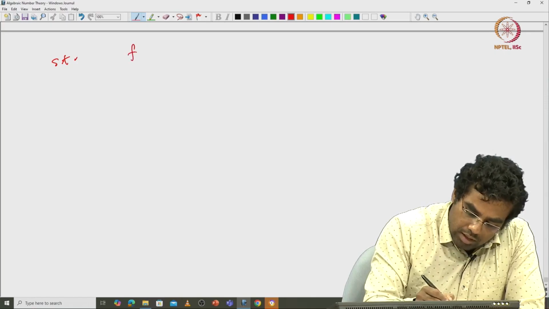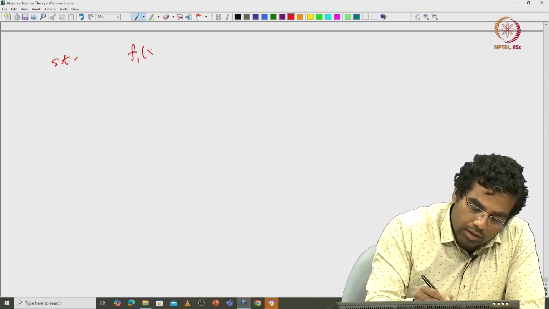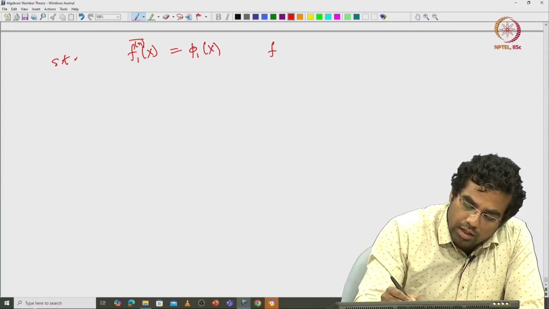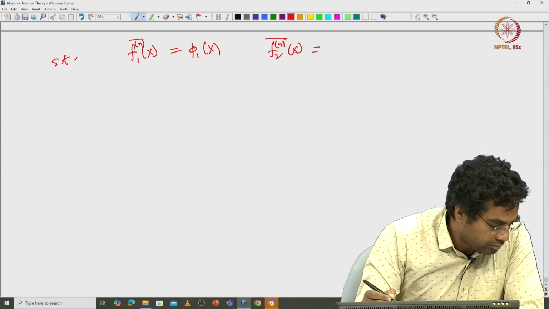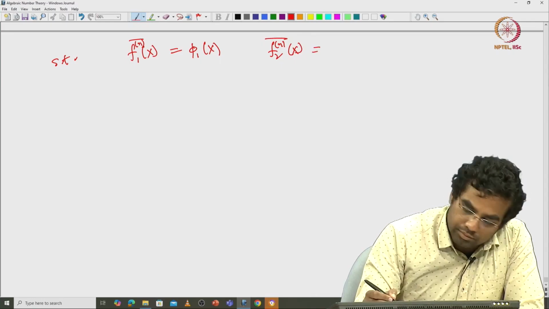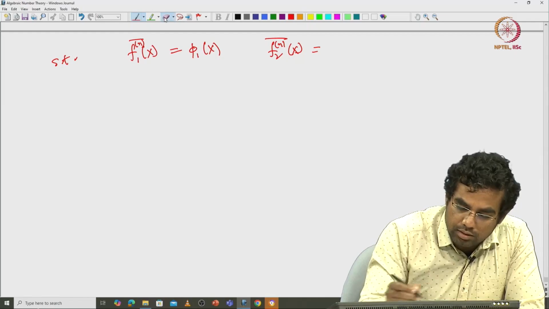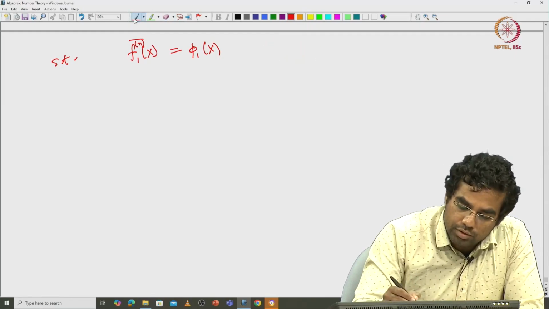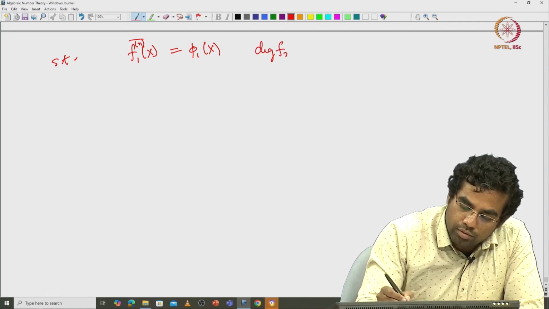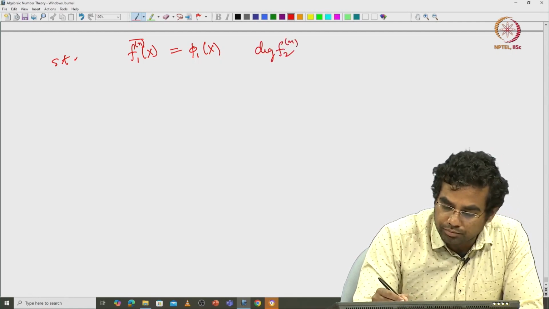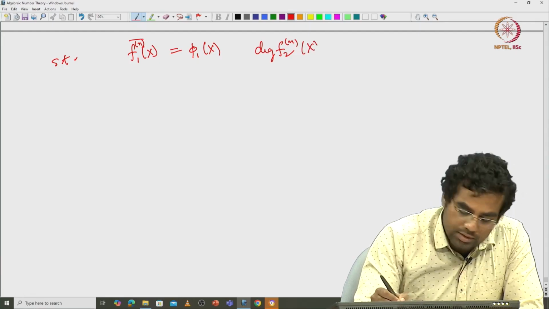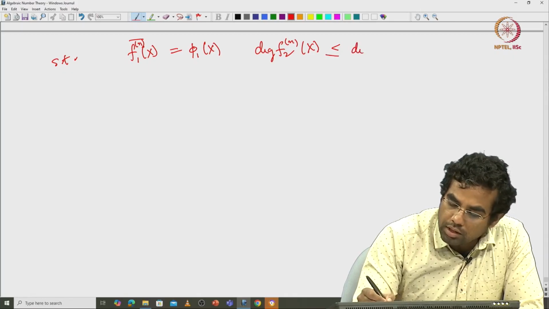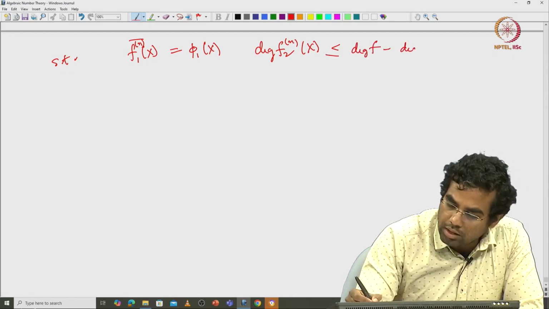First of all, f1 n bar is equal to phi 1 of x, and I want to say that degree of f2 n of x is less than or equal to degree of f minus degree of phi 1.